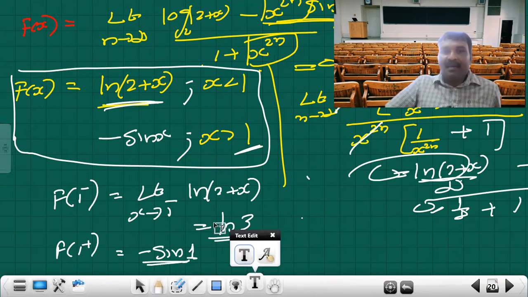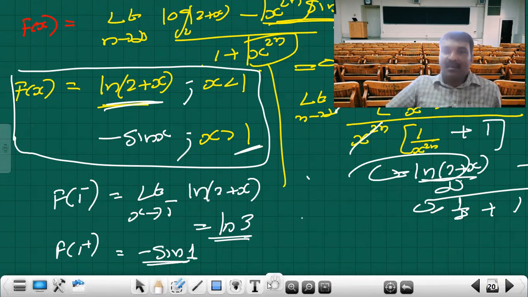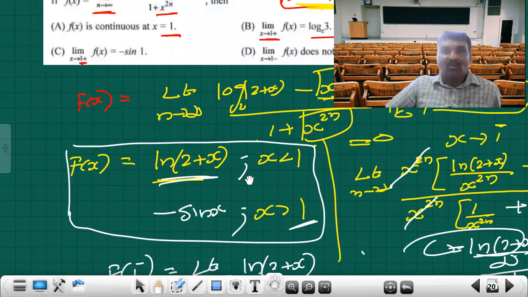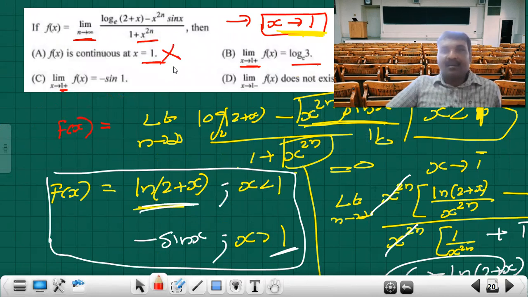So the limit does not exist, since both the values are different. So what is the correct option? This is discontinuous, and the value of the right hand limit is minus sin 1. Limit x tends to 1 minus f of x exists, the value is ln 3. So the correct option is C.